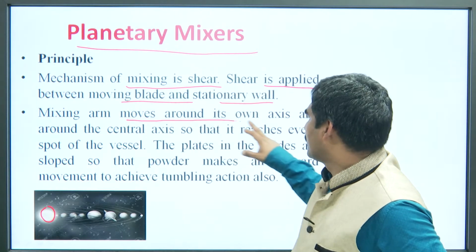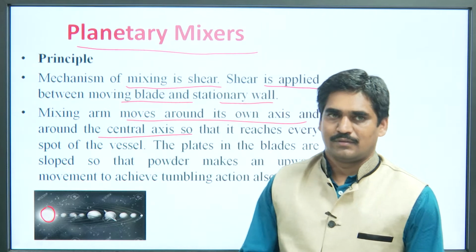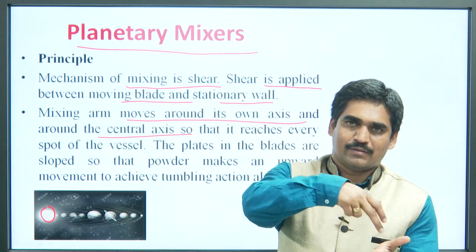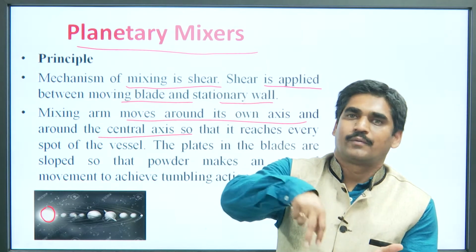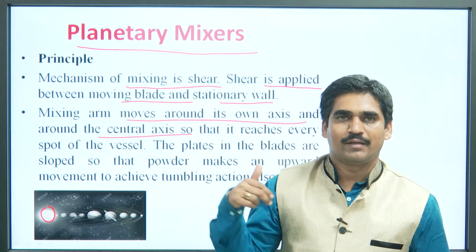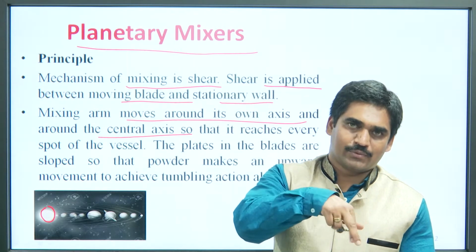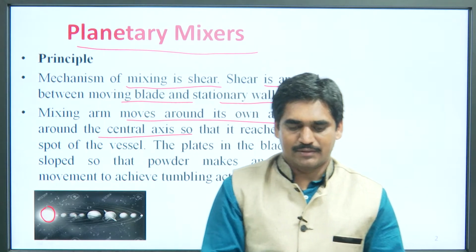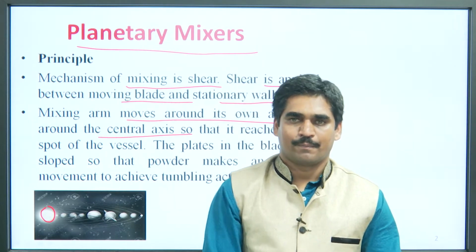The mixing arm moves around its own axis and around the central axis. That means, as a planet moves on its own axis, it is simultaneously moving around the sun. Similarly, here the mixing arm moves around its own axis and around the central axis, so that it reaches every corner of the vessel.